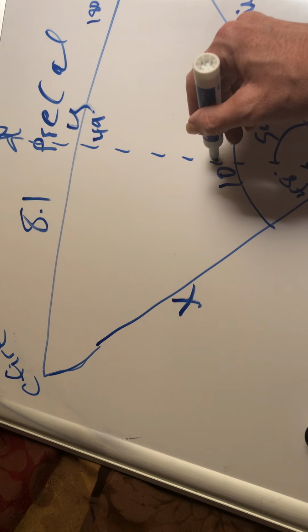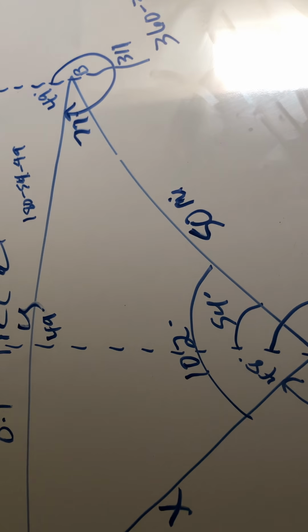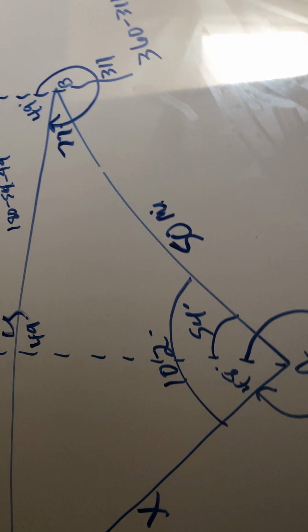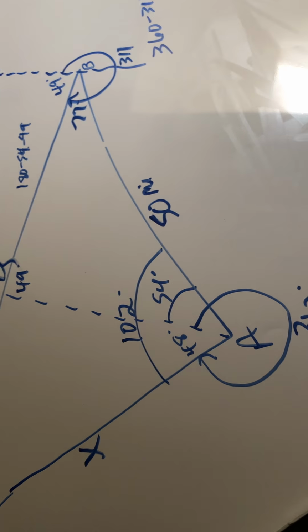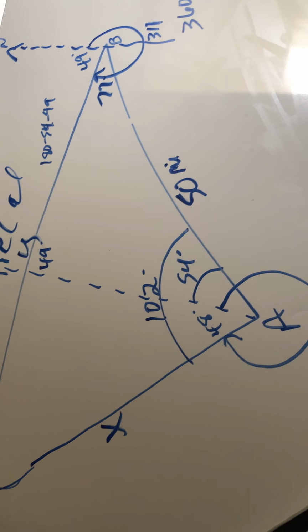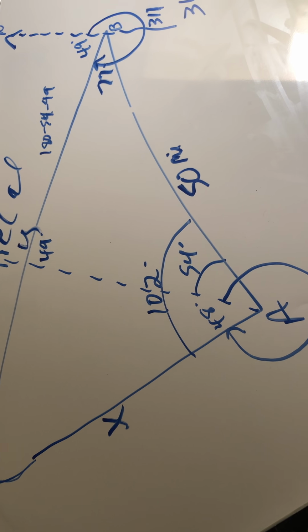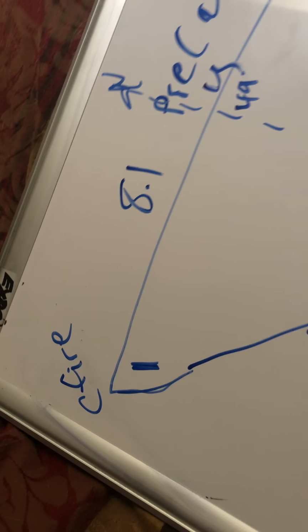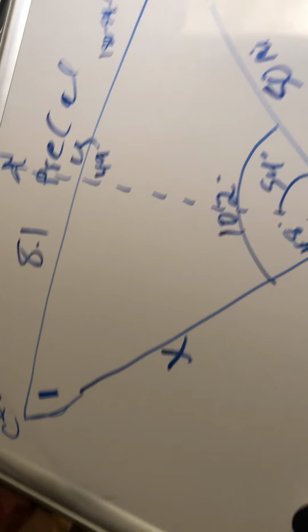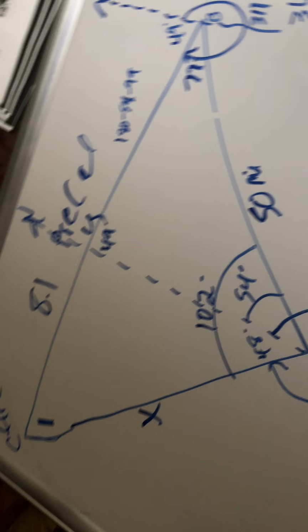This is 102. So this whole angle is 102. Okay, so then I take 180 minus 102 minus 77, and I get 1. The angle right there is 1. But that's okay. I mean, I can have an angle measure of 1.